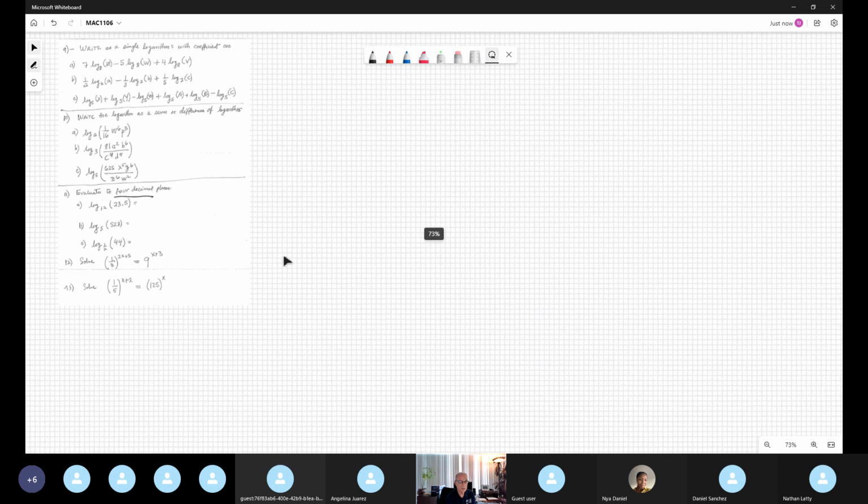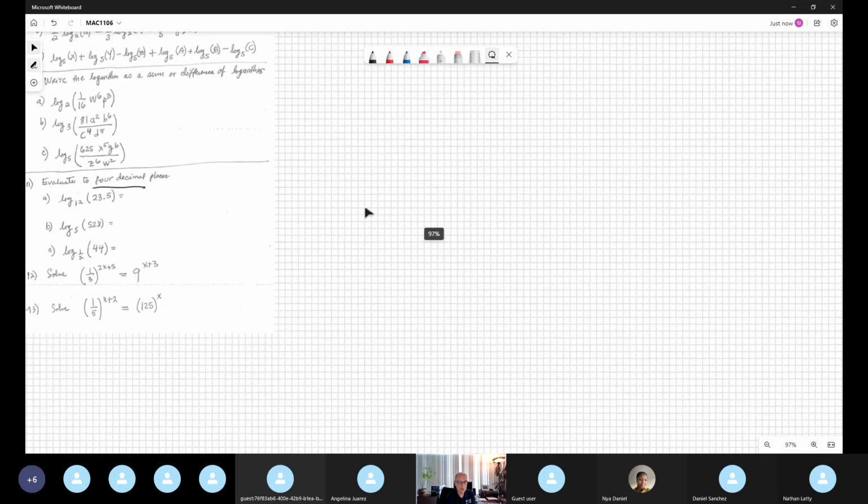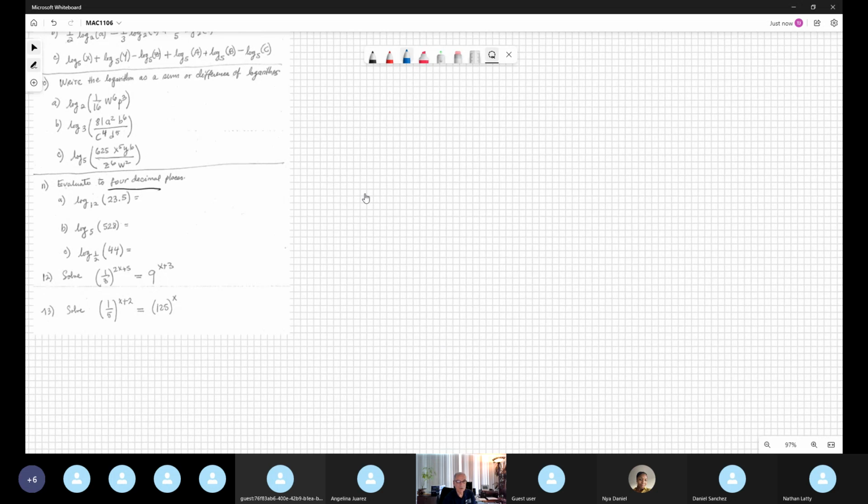For example, numbers 12 and 13 are the same idea. Number 12, first, is 1/3 raised to the 2x plus 5 equals 9 raised to the x plus 3.